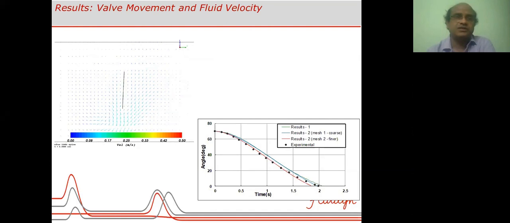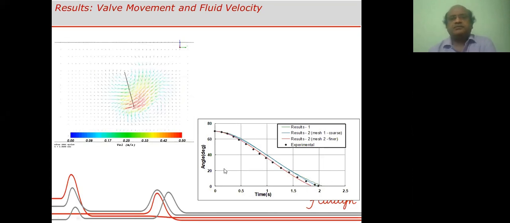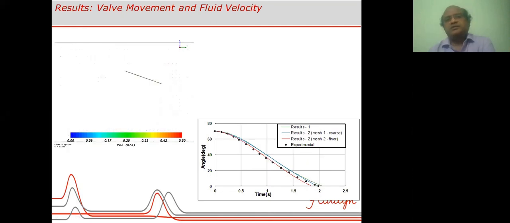But it comes back again, and it loses its energy through viscous dissipation to the fluid, and finally comes to rest. And this graph here, angle versus time, shows the comparison of simulation results with the experimental data.